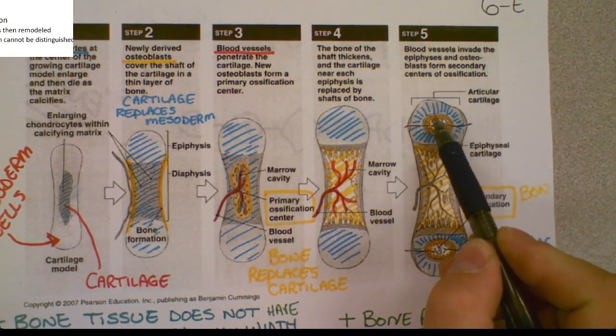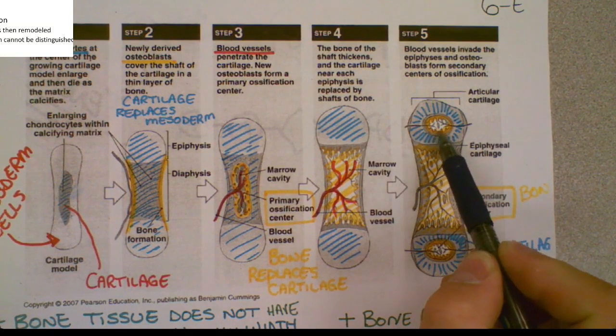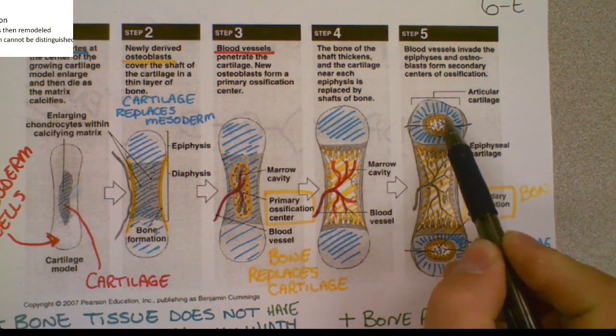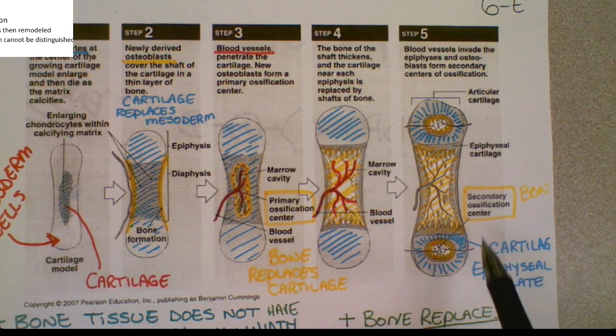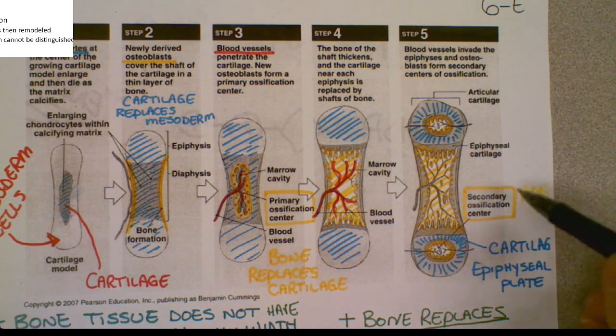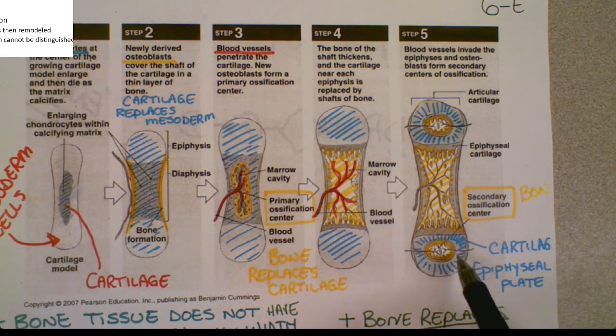Now, further development is going to take place, and we get bone also developing in these epiphyses. Bone tissue starts to develop in the center of the epiphyses, and this is known as the secondary ossification center. So this cartilage is further pushed to the edges.